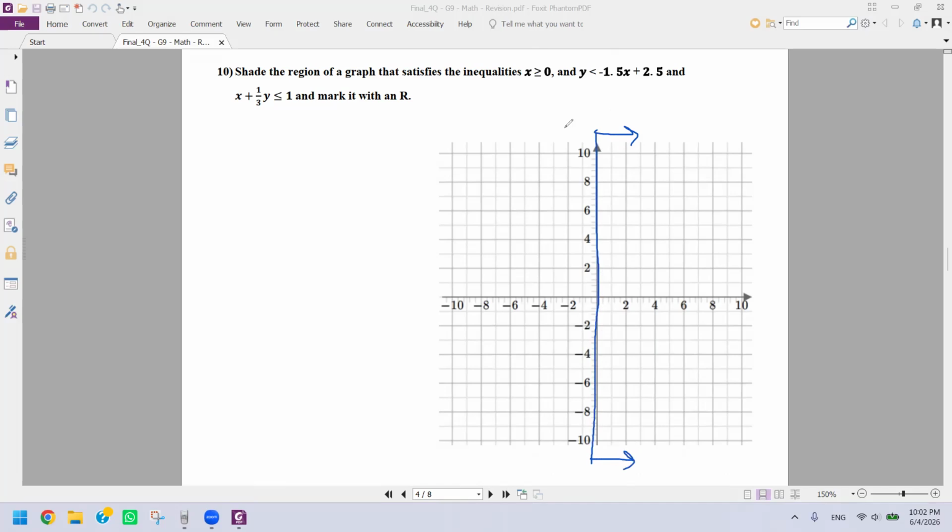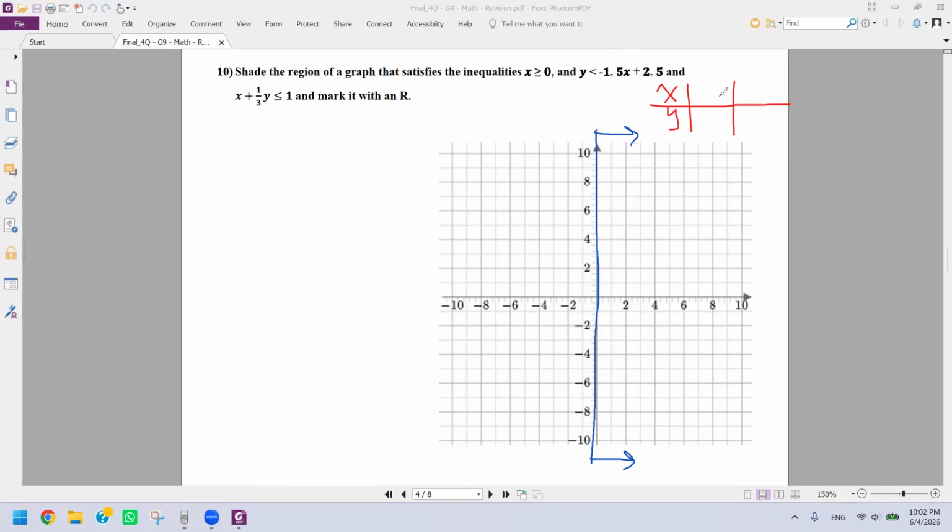Now, the next line: y is less than minus 1.5x plus 2.5. Again, if you need to draw anything, you need points. To get the points, you need an xy table. Let me choose x values that make my calculation easier for the drawing.